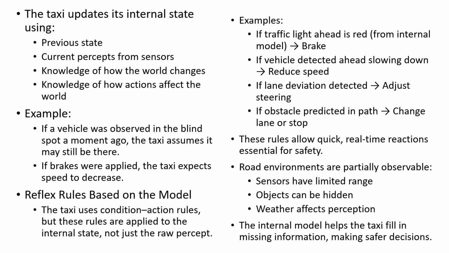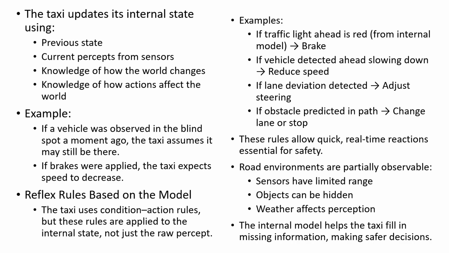Then for the reflex rule-based model, the taxi uses condition-action rules. But these rules are applied to the internal state, not just the raw percepts. In the previous case, we were only considering the current percept, but here we are considering the internal state also. For example, if the traffic light ahead is red, then apply brake.